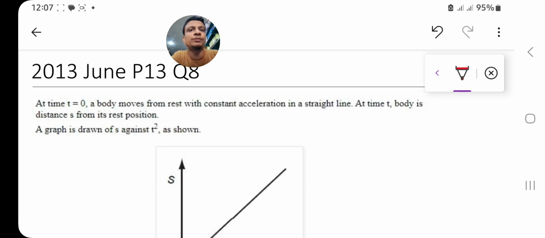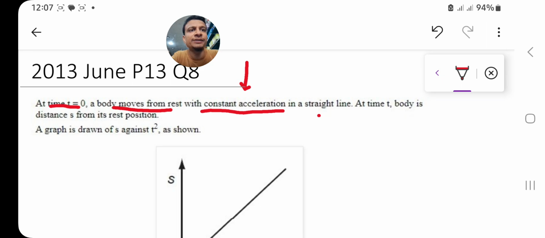Okay, so it says that at time t equal to 0, the body moves from rest with some constant acceleration. Just note this point. Constant acceleration means we can apply some particular Stewart equations, as we know with constant acceleration.